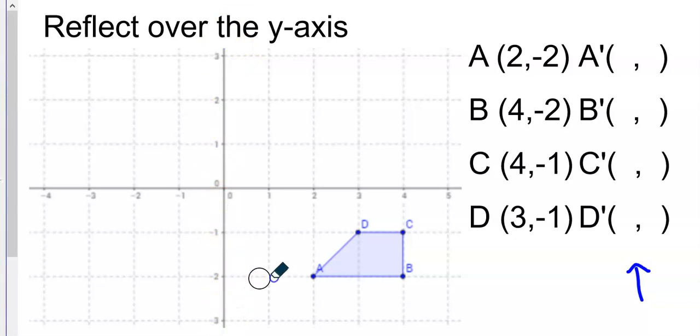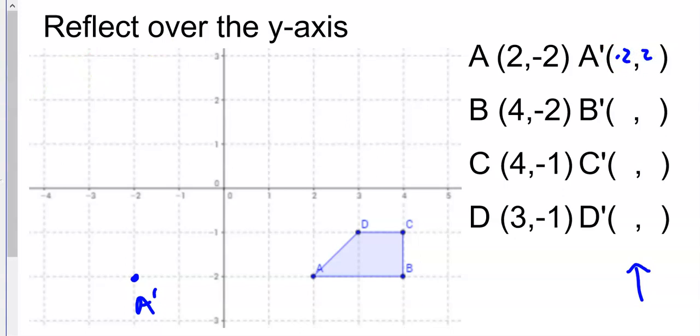You can think about it as that perpendicular distance being congruent. In some cases, it might be easier to visually take a look at it. So this A would now become A prime here, and then take a look at the ordered pairs. That would become negative 2, 2.